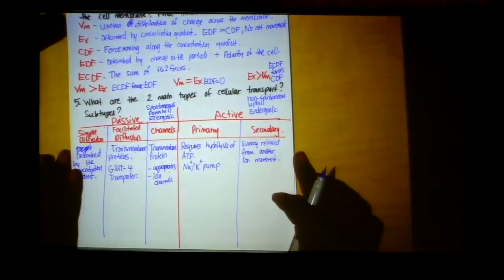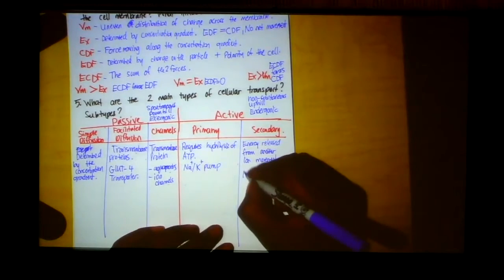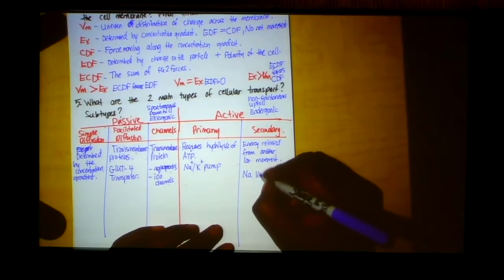All right, in this case, we spoke about an example where what was the ion that was moving? What was the example of secondary transport we spoke about? Anyone remember that example? We spoke about the sodium-linked glucose pump, right? The sodium-linked glucose pump.